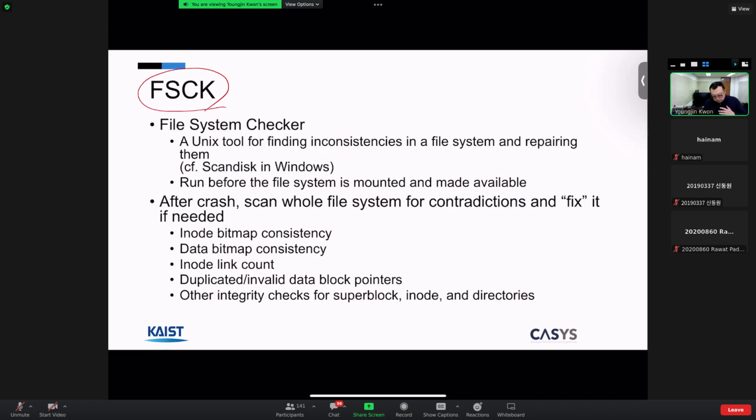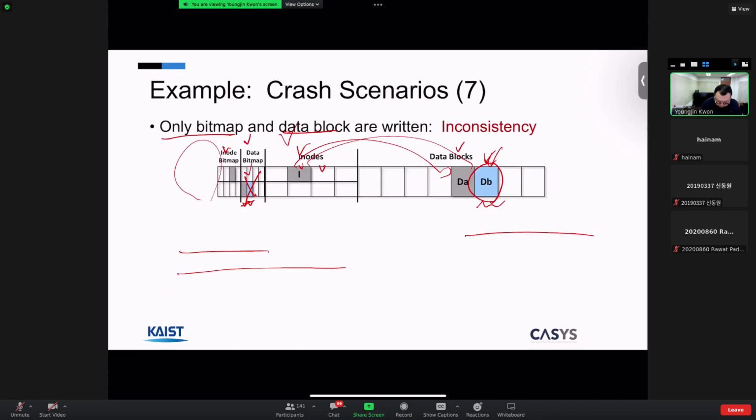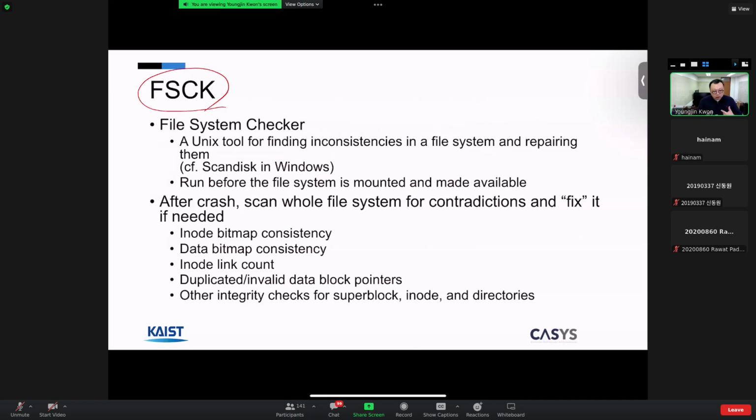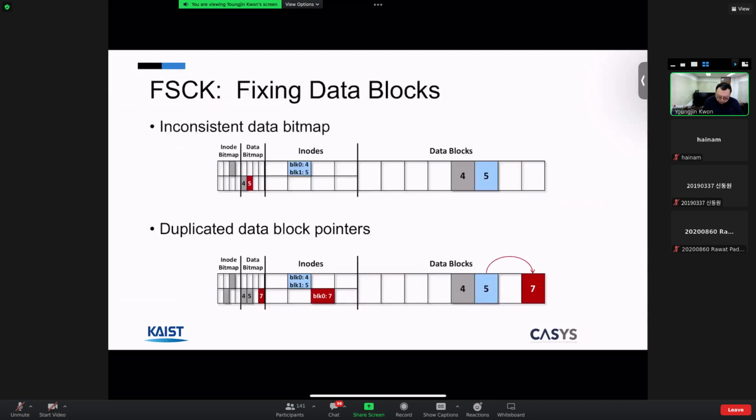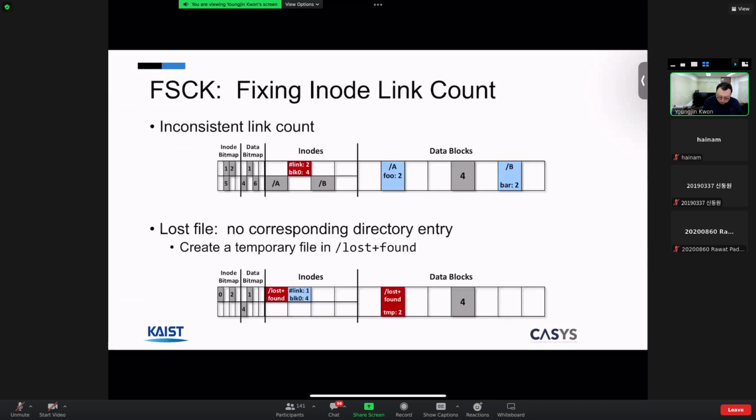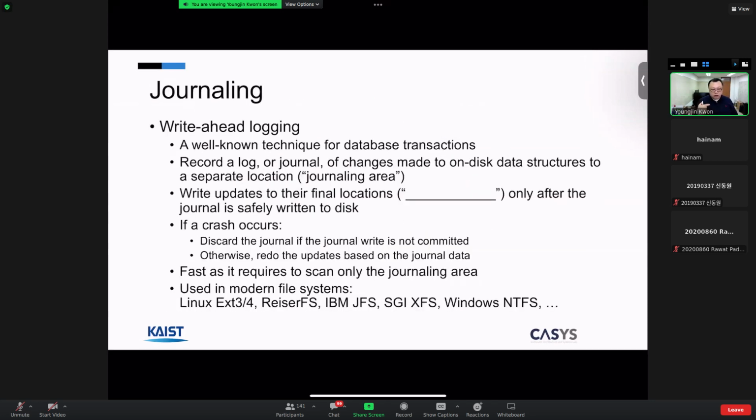Next time I will talk about the case where a crash happened and we run this scanning operation to make the state consistent, which is called FSCK. Then the most popular way to provide consistency is called journaling, and that's the end of the crash consistency lecture.